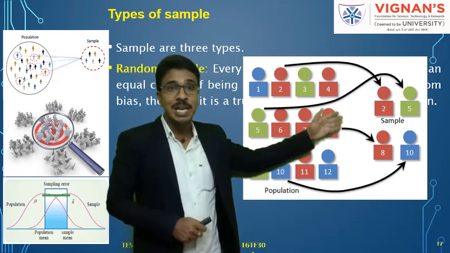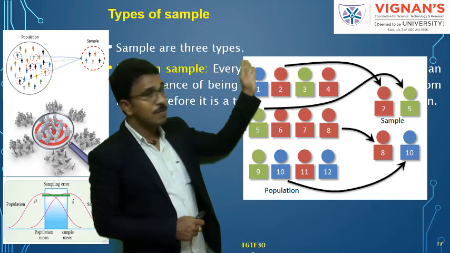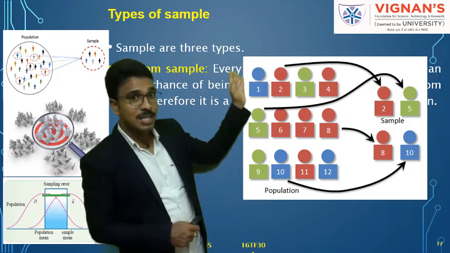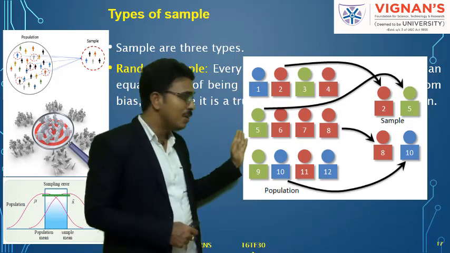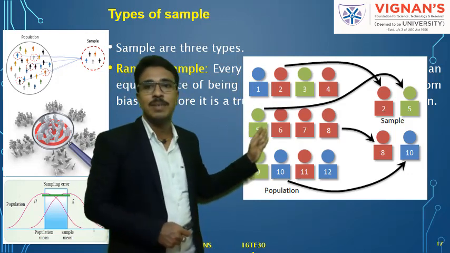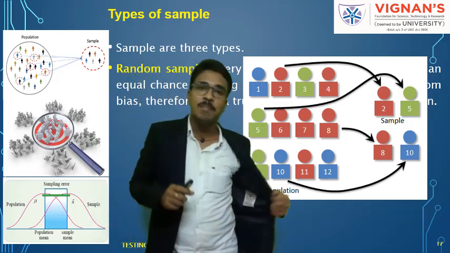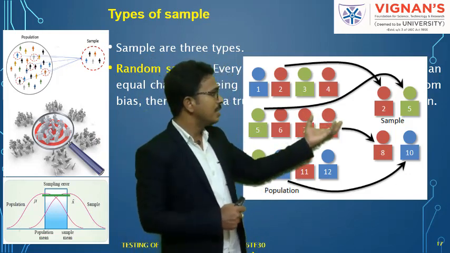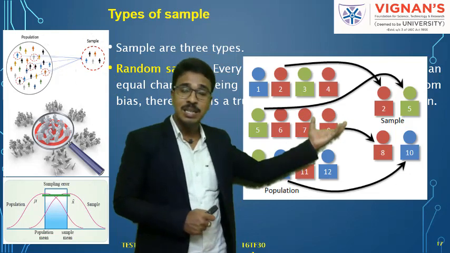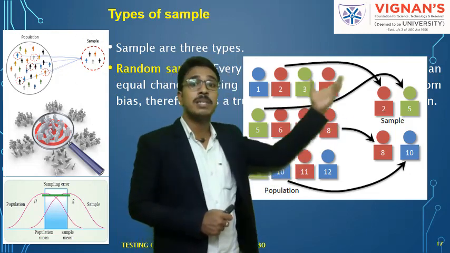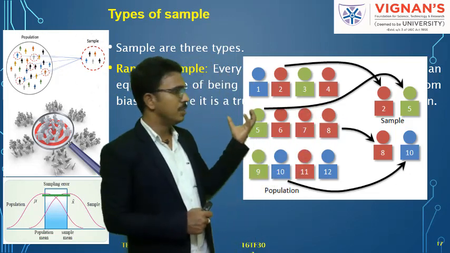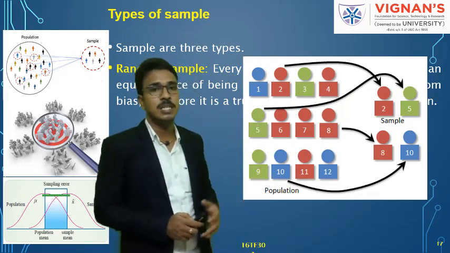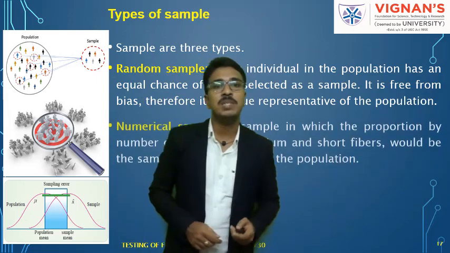The selection itself is also random: from the first row they selected the second one, from the second row the first one, and from the third row the second one. The selection of sample should be random, so that the sample we get is a true representative of the population. Understand? This is called a random sample.